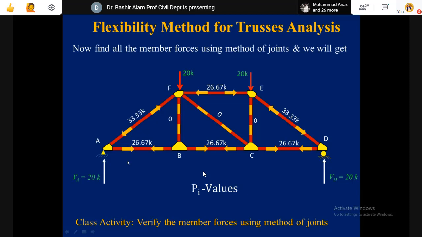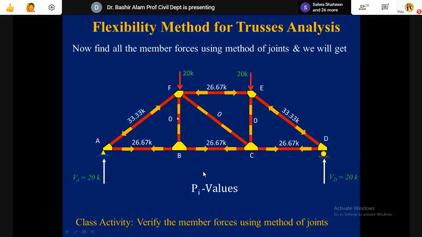I cannot take joint A with summation of horizontal equal to 0, summation of vertical equal to 0, spending 2-3 minutes on a single joint, because it is in my mind that I'll be analyzing the same structure for U1 forces and then for U2 forces also.